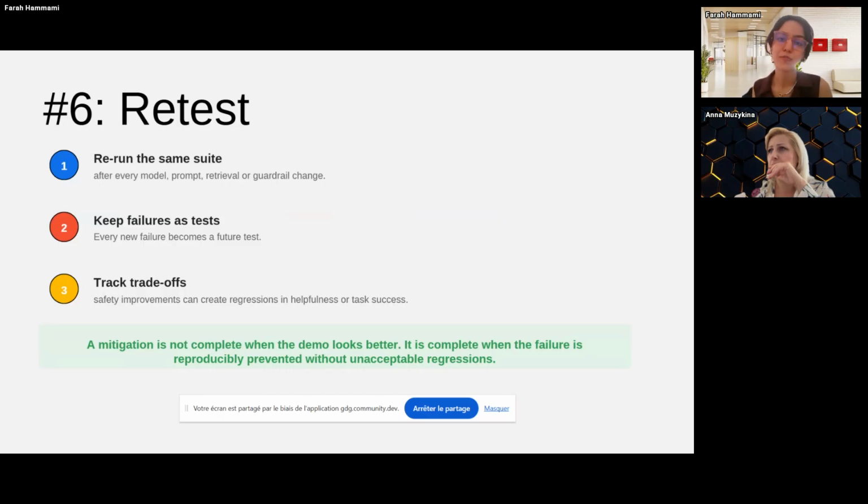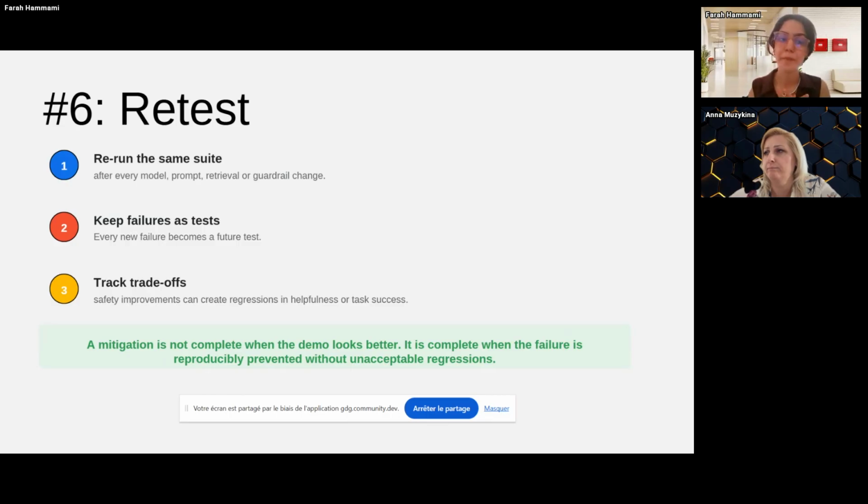We rerun the same suites that failed. We might have new failures, and sometimes when we fix something, the thing that was working is no longer working, which is evident at some point. For example, lots of safety improvements can create issues, because when I add a good safety layer, we might be too restricted in the prompt and in the answer that we have, and so forth.